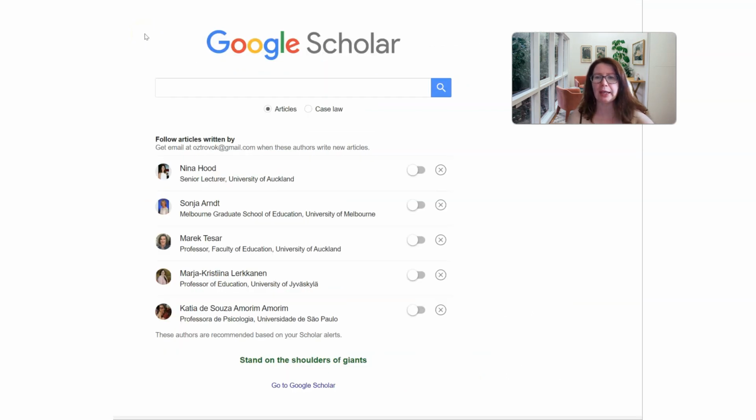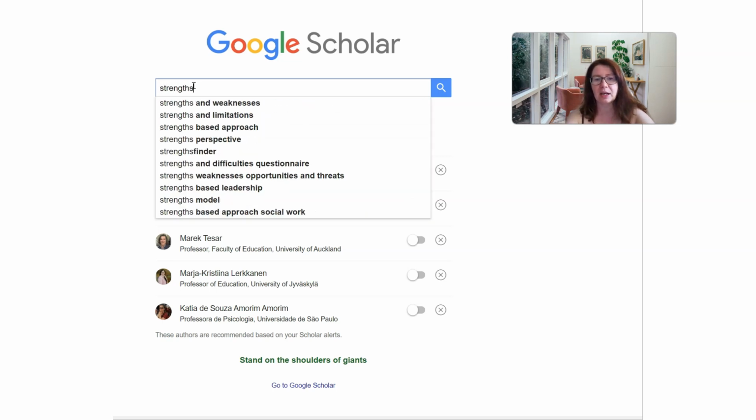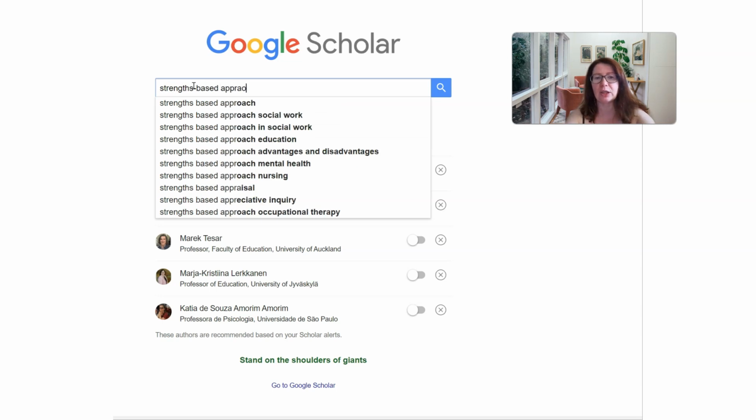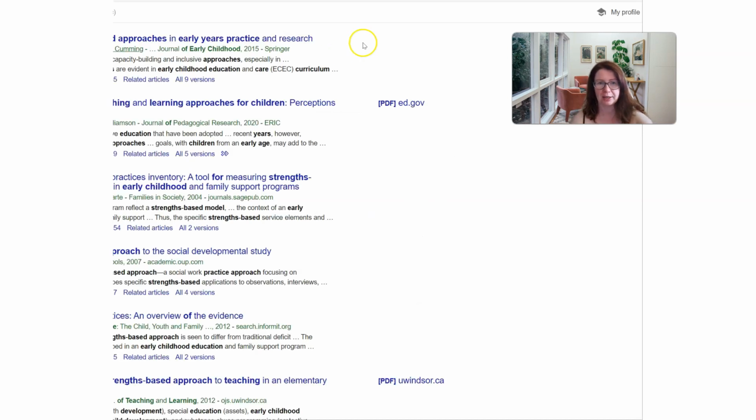So if you are looking for any evidence to support your ideas, let's say if you are studying towards a Certificate 3, diploma, bachelor or even masters of early childhood education and care, and you've heard about some interesting approach, but you don't know how valid it is or what research is available on it, you can use Google Scholar, and you can also type in the exact words you are looking for in articles. So in this case, I found a few.